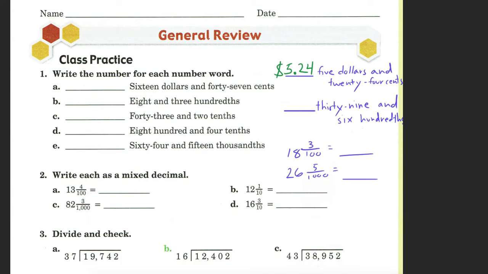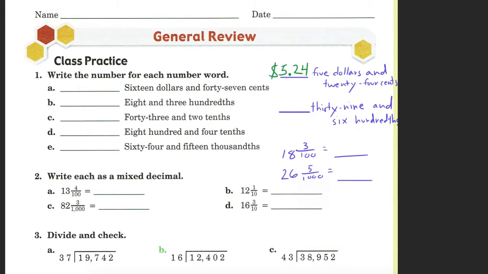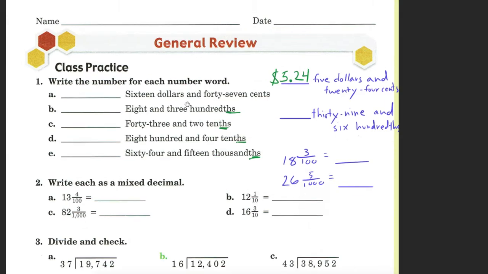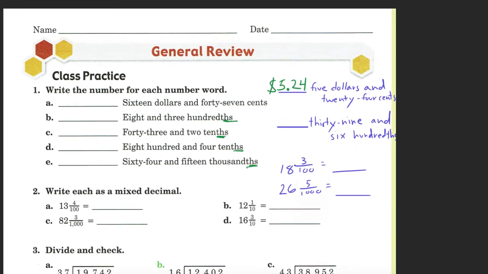Next one says 8 3/100ths. So important thing to note here is that it says 8 3/100ths. All of these have hundredths at the end. We know this means that this is a fraction. So it's not 8 3/100, but 3/100ths. So our 3 needs to be in the hundredths place. If you guys remember, our place value for decimal numbers, first one is tenths, then it's hundredths, right?